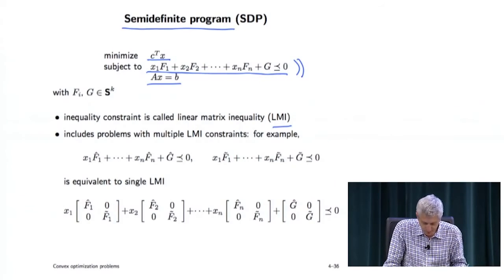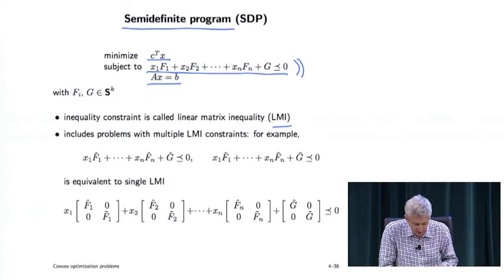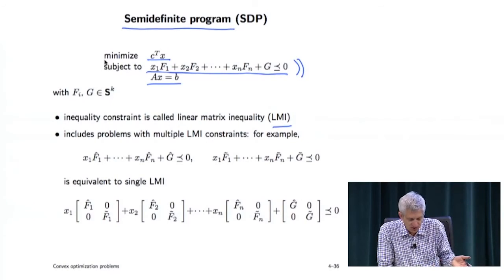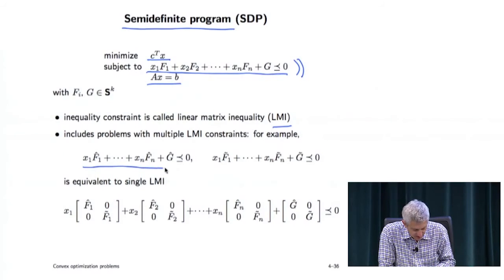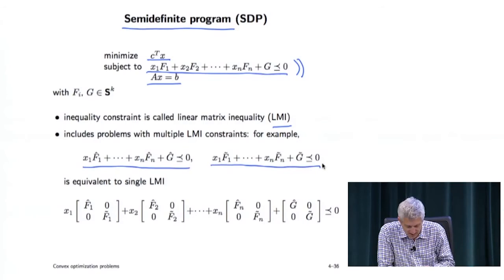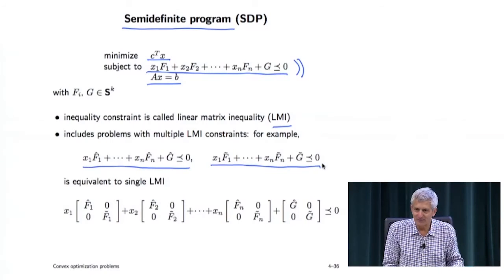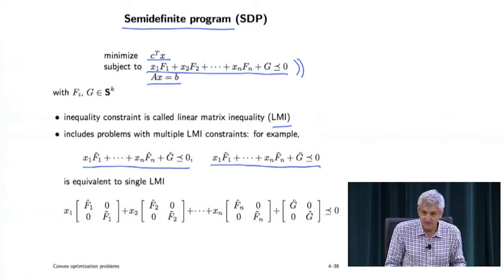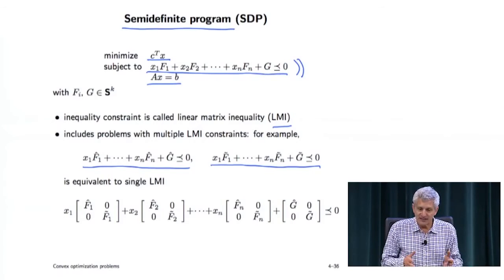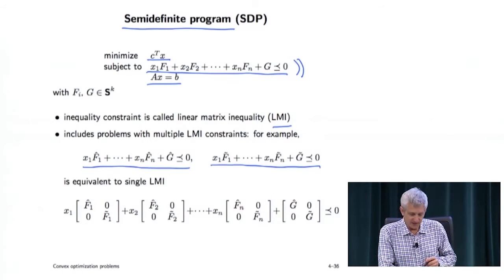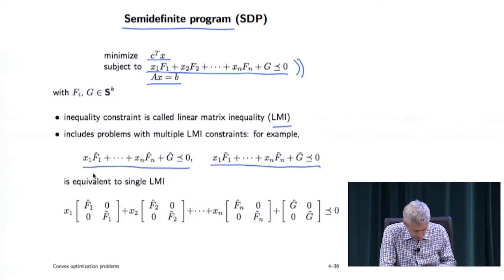Okay? So now there's a couple things we should say because it's important to know. Now it turns out you look at this and you say, why just one inequality? And the answer is something like this. If you have multiple LMIs like this, linear matrix inequalities, you can always throw them together and make one big one. And that's a very simple thing. All you do is you put these together on the diagonal of a bigger matrix like that.